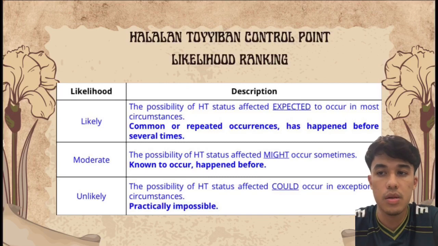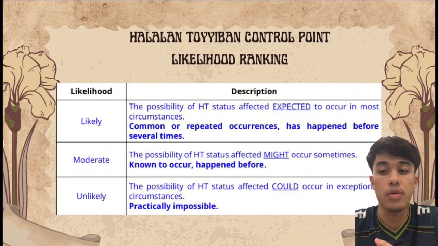A common or repeated occurrence has happened before several times. For moderate, the possibility of halal status being affected might occur sometimes, known to occur, happened before. For unlikely, the possibility of halal status being affected could occur only in exceptional circumstances or is practically impossible.